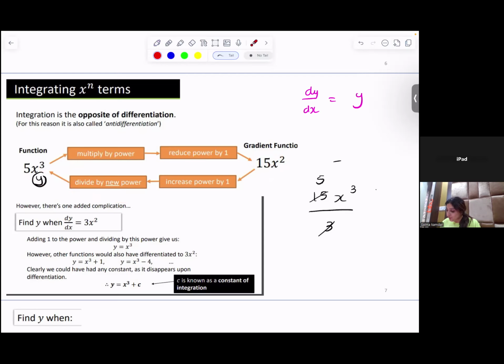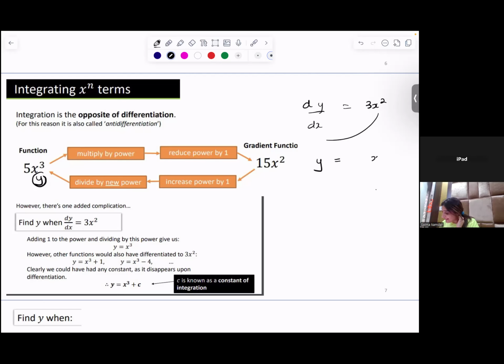But the only issue over here is, say for example, you have your dy by dx as 3x squared. That means you have your gradient as 3x squared. You want to arrive at y, the function, so you're going to do integration. You will add the power and divide by the new power.